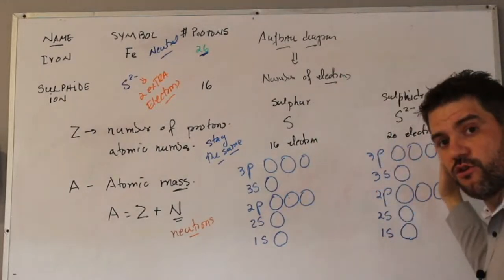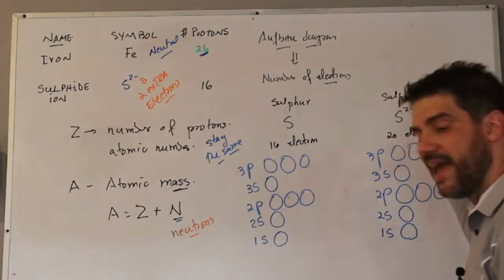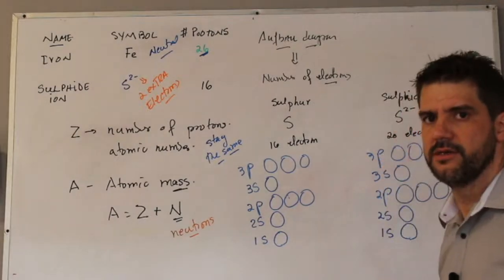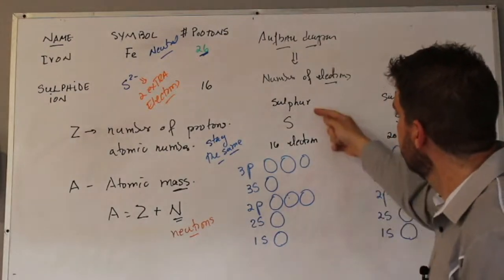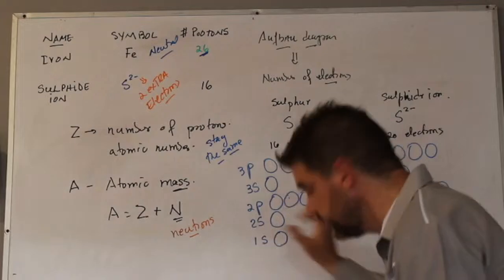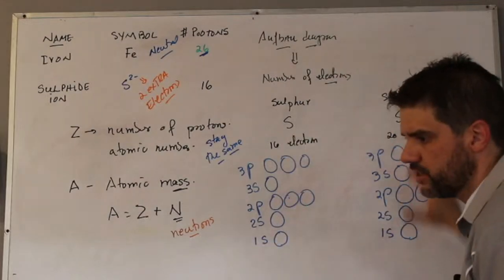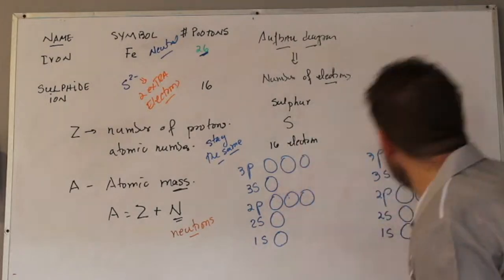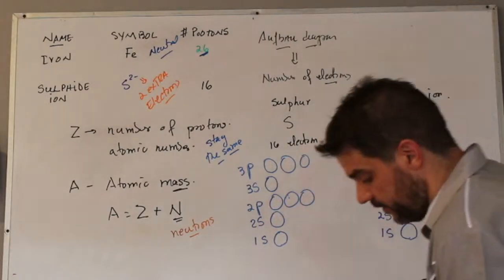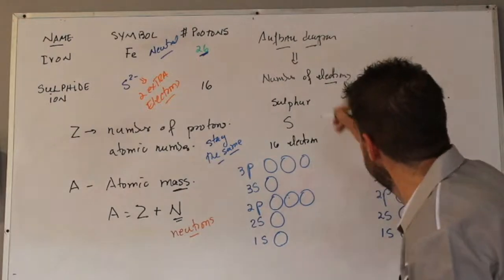This one is for sulfide, S 2 minus. Now we have to represent 16 electrons here, 20 electrons here. This one is sulfur, which is neutral.